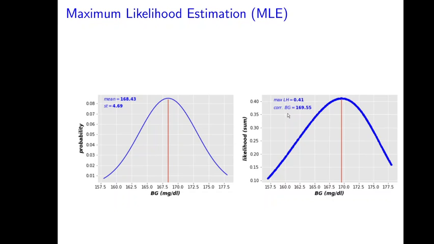And the difference here is due to the data size, because here we draw our estimation using only 7 observations, but here we draw our estimation using 1,000 random values of the blood glucose, and this is why both means are different from each other.